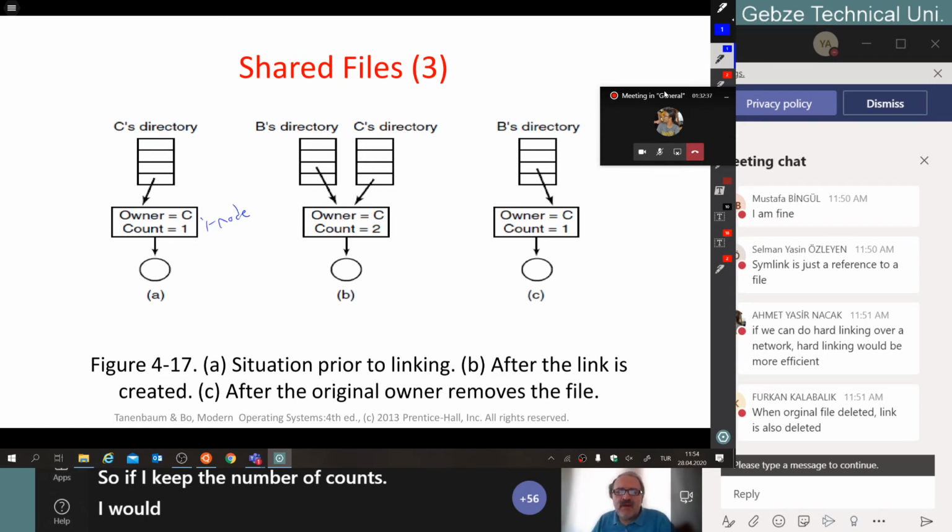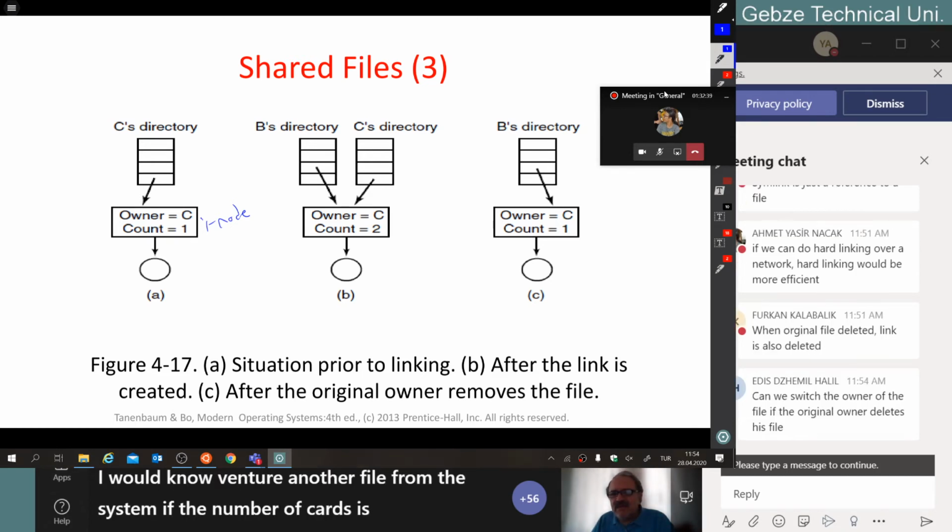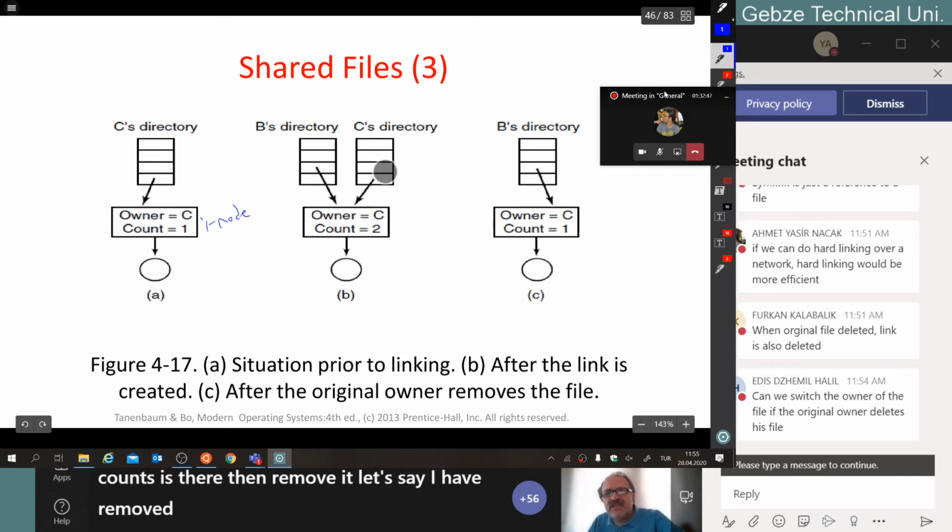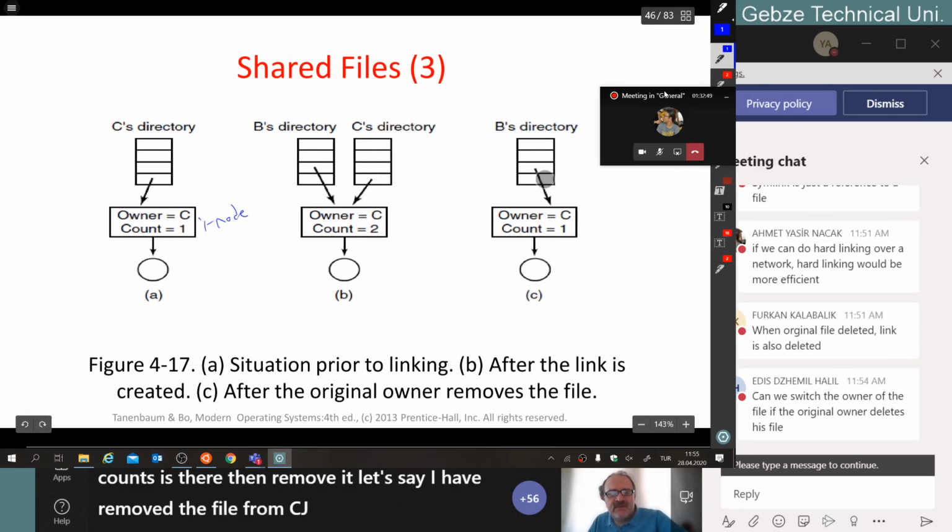So if I keep the number of counts, I would know when to remove the file from the system. If the number of counts is more than 1, don't remove it. If the number of counts is 0, then remove it. Let's say I have removed the file from C's directory. Now I have this one.